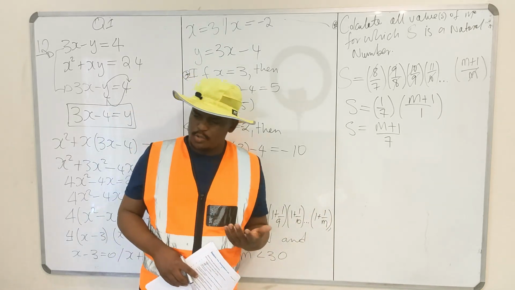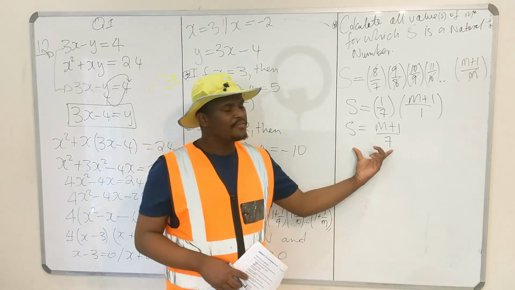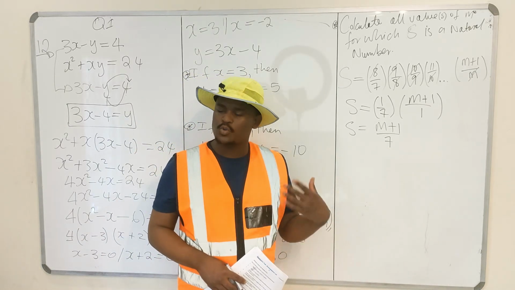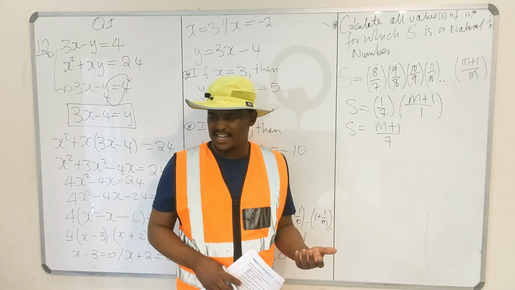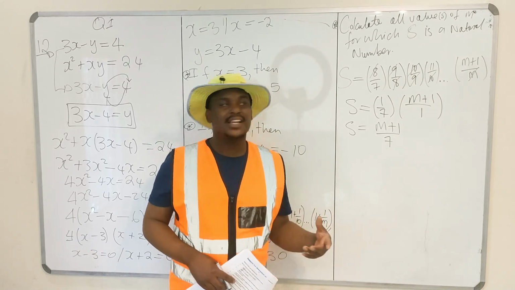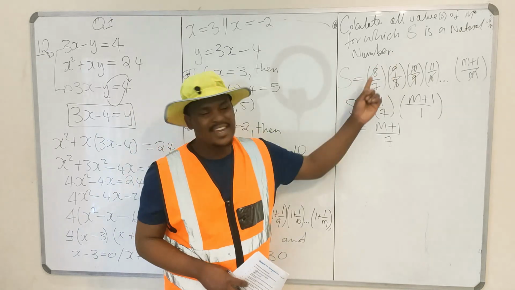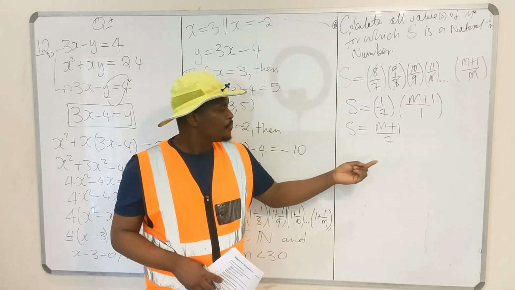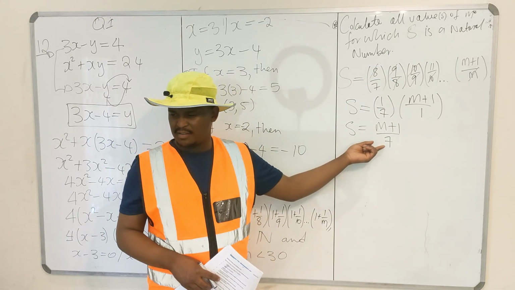Now, they told you that the sum S is a natural number. Do you understand? They said this thing, your sum S, must come up as a natural number. But you can say that it's divided by 7.